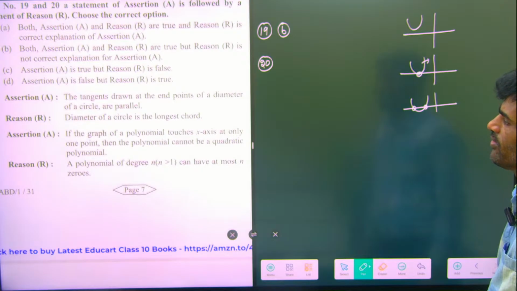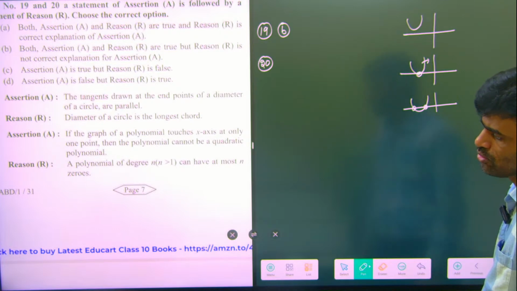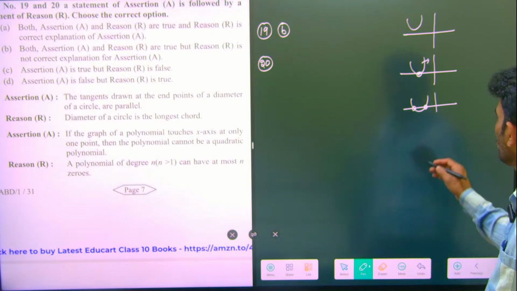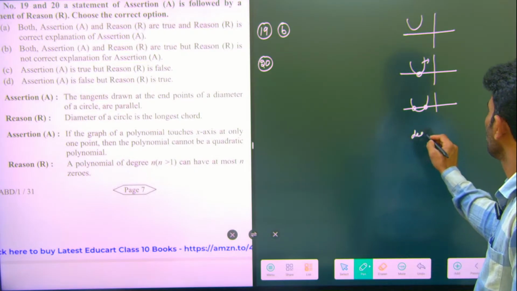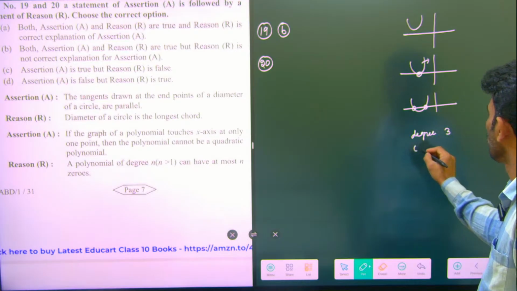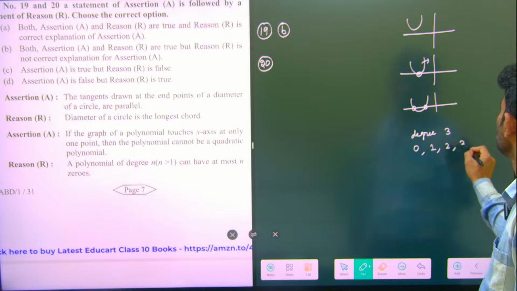And a polynomial of degree n can have at most n zeros. Means what? If degree is 2, the maximum number of zeros can be 2. Degree is 3, maximum number of zeros can be 3. Suppose degree is 3, there can be no zeros, 1 it can have, or 2 zeros it can have, 3 zeros also it can have.